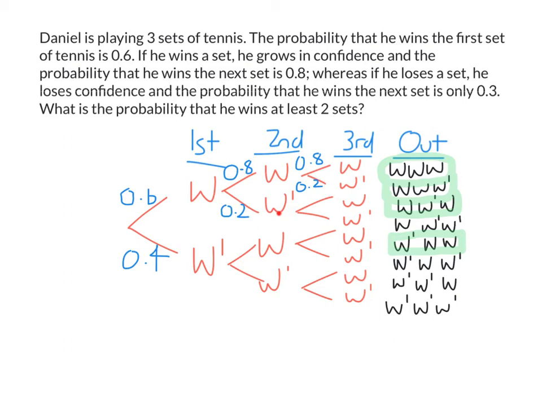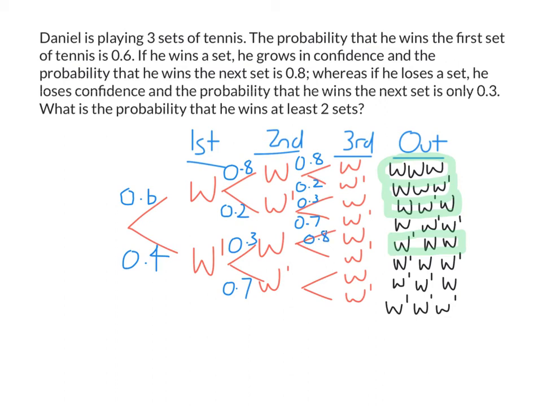But if he loses a set, the probability he wins the next set is only 0.3. So the probability he loses is 0.7. So similarly, if he loses the first set, the probability he wins the next is only 0.3. And then 0.7. Now, he's won here. This is saying if he wins the second set, probability he wins the next set is 0.8 because he grows in confidence.